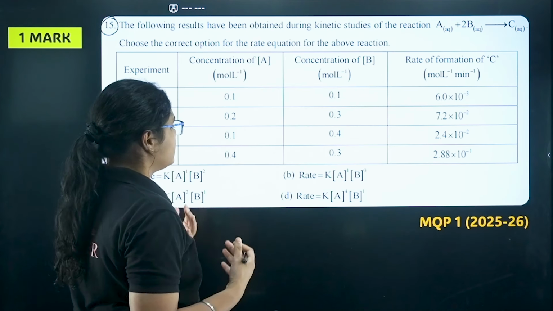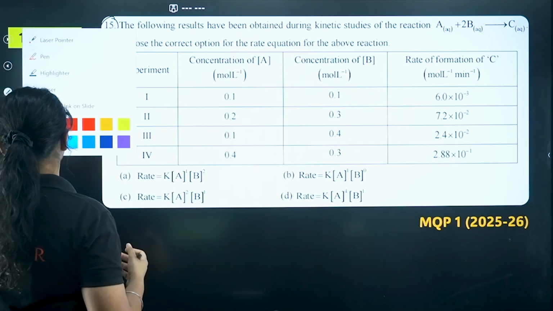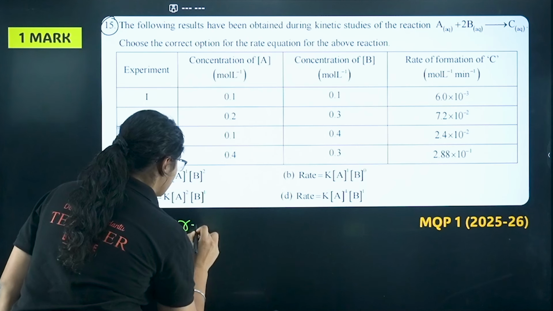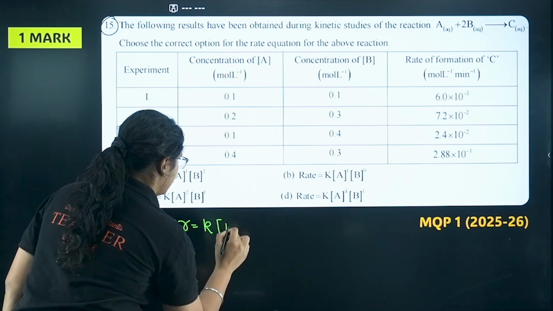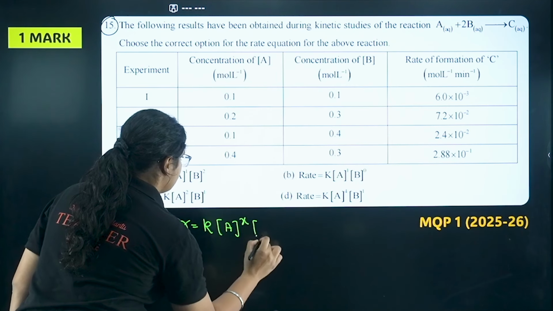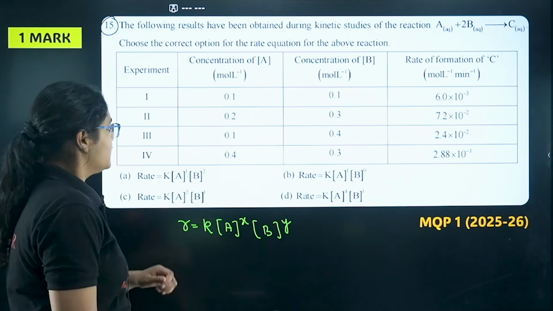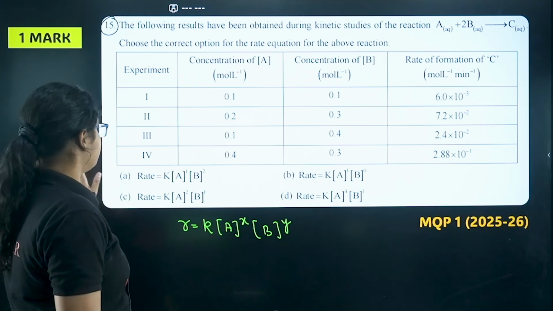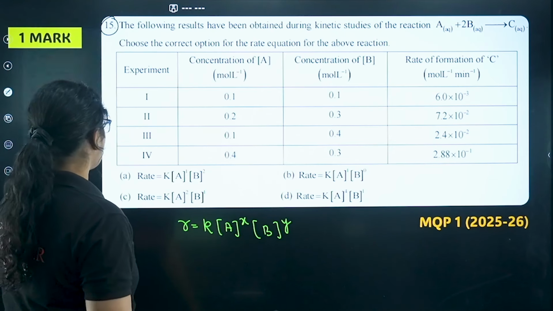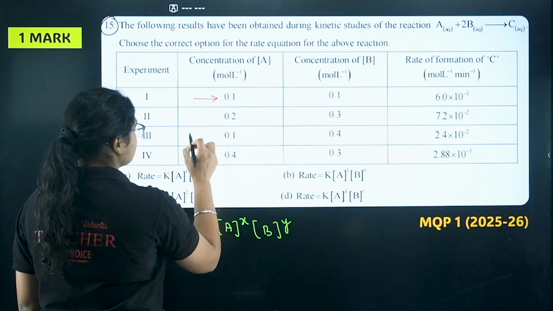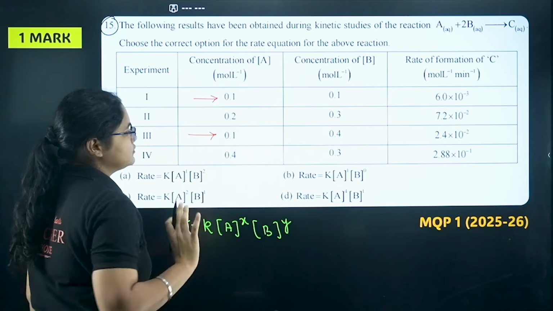Now to find the rate equation, let us assume that rate is equal to k into [A] to the power of x and [B] to the power of y. Now we will assume that the concentration of A is constant.